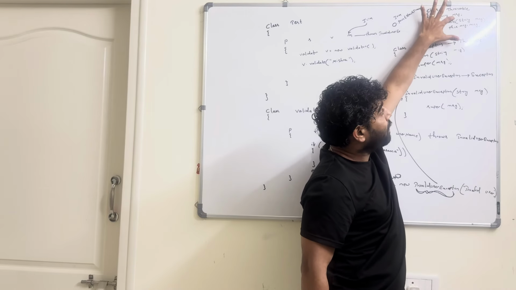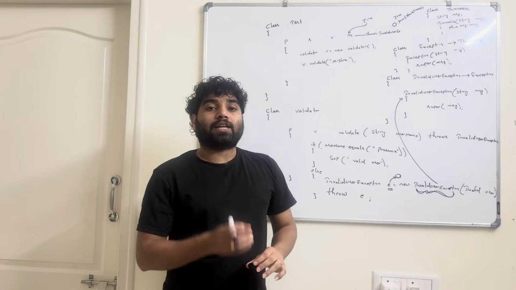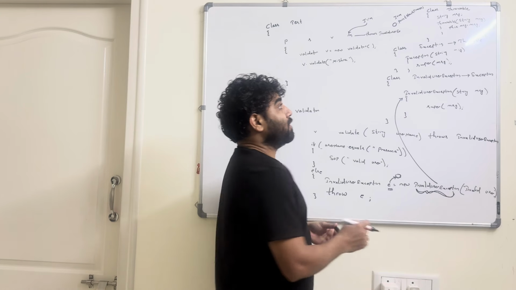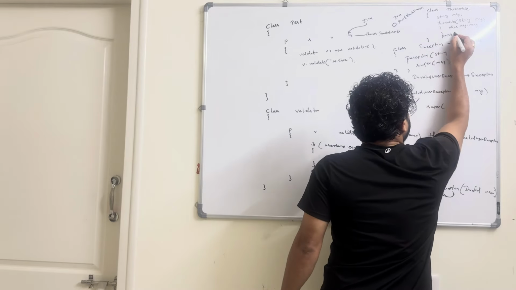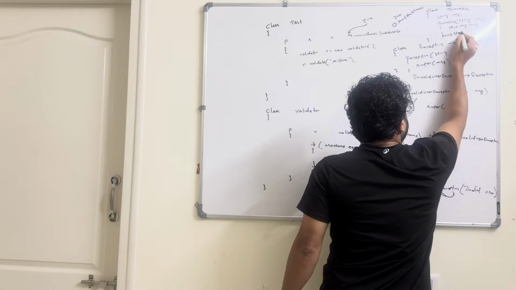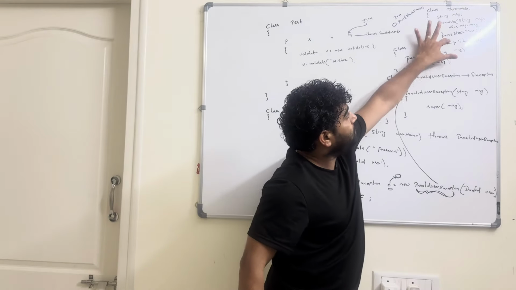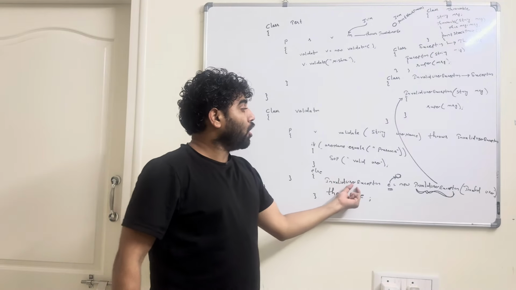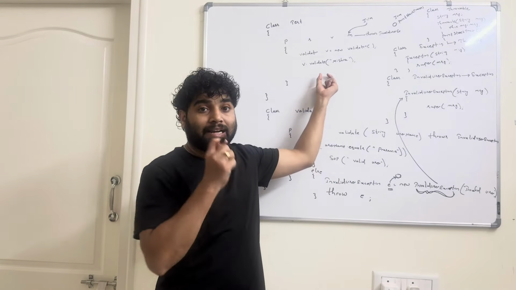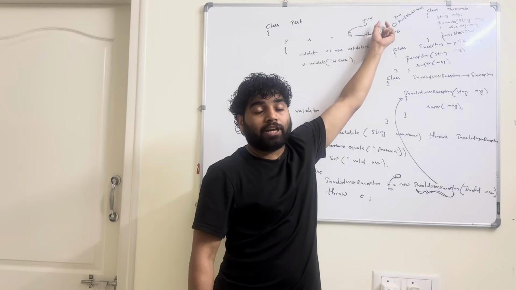This message variable will be used in which method? It is nothing but the print stack trace method. In this throwable class there is a method called print stack trace, and inside this method only this message is used. That is why, whenever none of the methods handle that exception, it will be handed over to the JVM default exception handler.